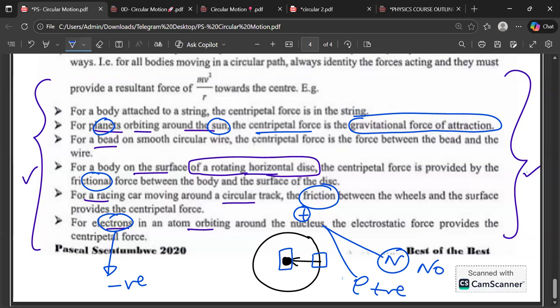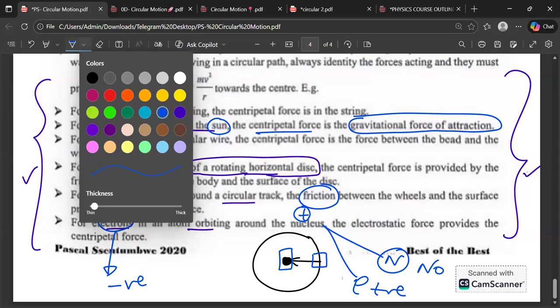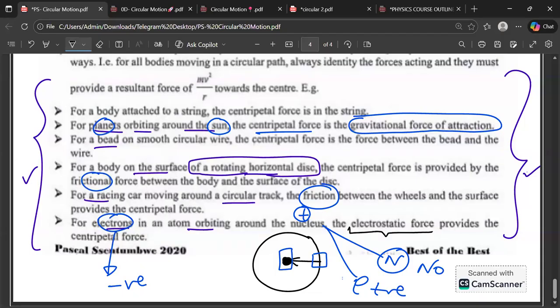So what keeps those electrons orbiting around the nucleus is the centripetal force, because it is maintaining the circular orbiting of the electrons. And centripetal force here is the electrostatic force of attraction, the attraction between two oppositely charged bodies. You know that from electrostatics.